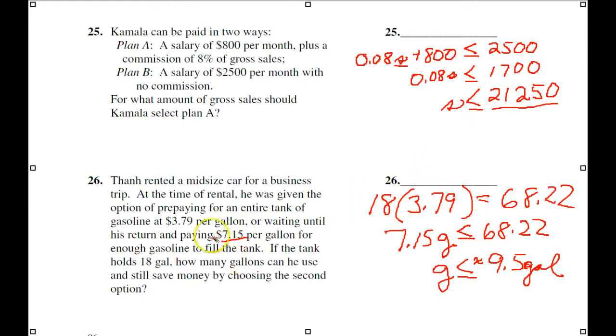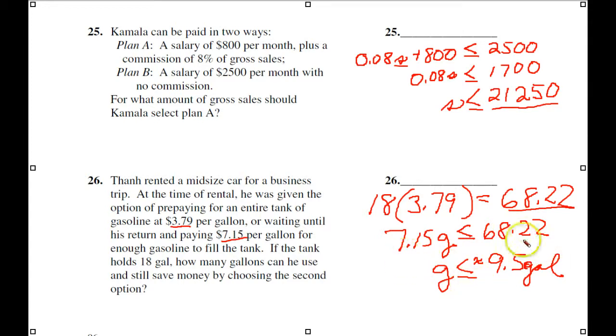Well, again, your tank holds 18 gallons, and if you fill it up at this price, that's what it would cost to fill up the tank. And you're wondering how many gallons. So at $7.15 a gallon, when will it be the better deal?